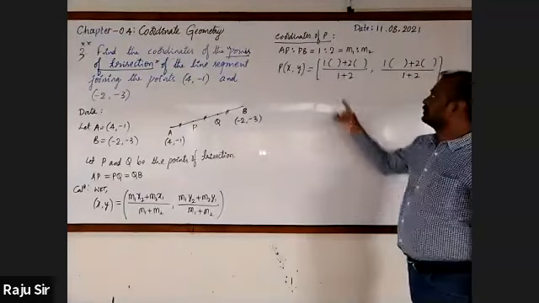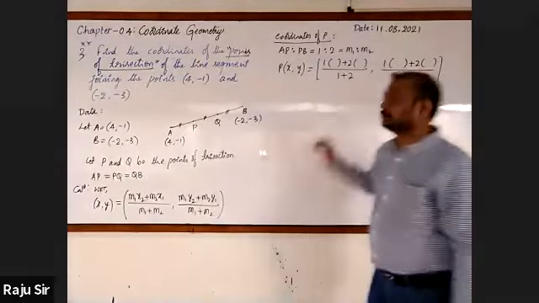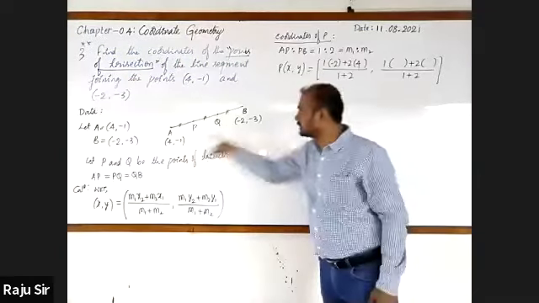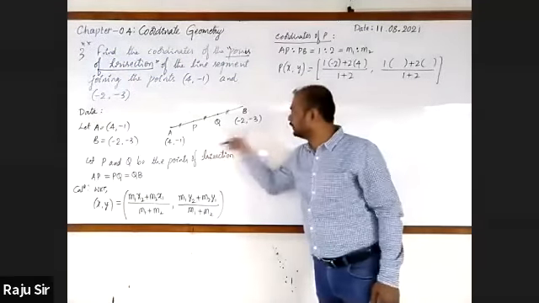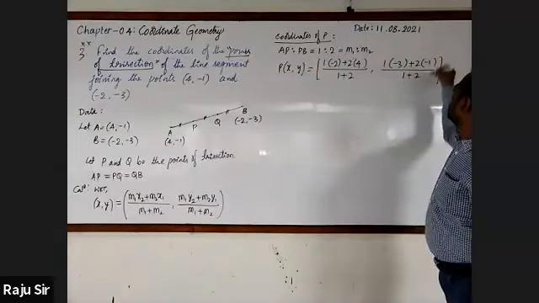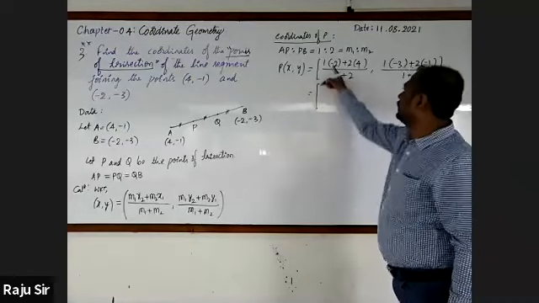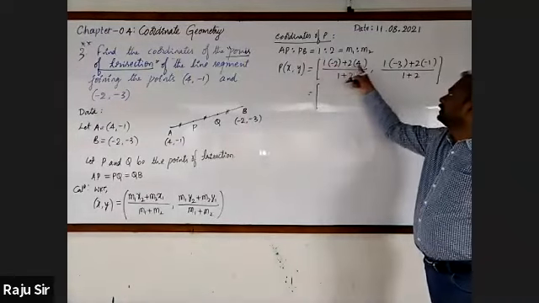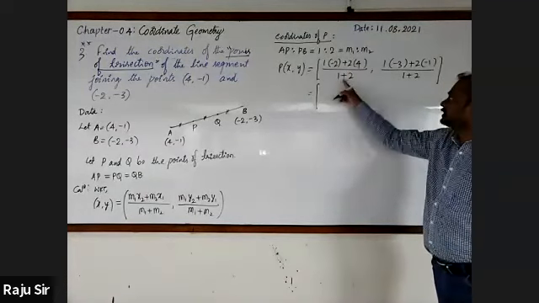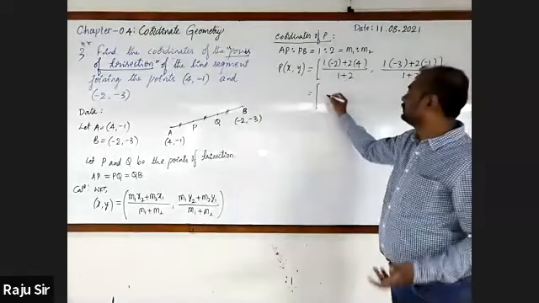Let us substitute x2, x1: minus 2 and 4. Next, minus 3, minus 1, they are y2 and y1. This is equal to, here minus 2, plus 2 4s are 8. 8 minus 2, 6. 1 plus 2, 3. 6 by 3. This is 2.